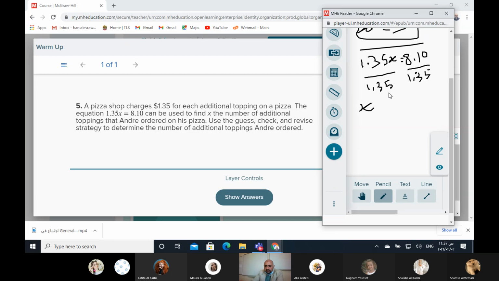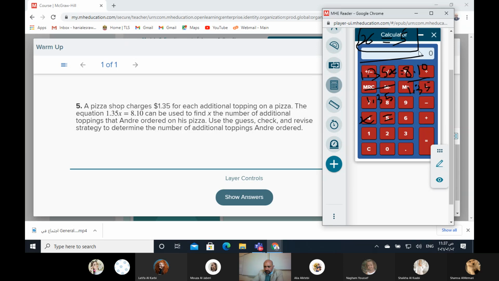So here we have x, and here we have 8.10 divided by 1.35. The answer will be 6. So the answer here will be 6.